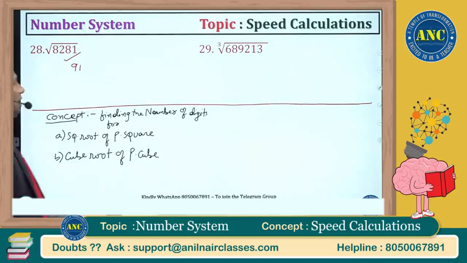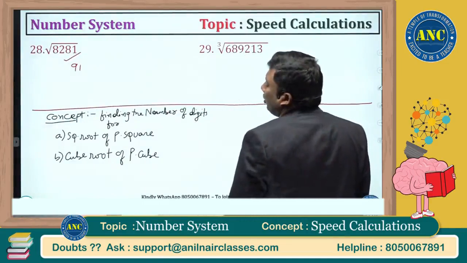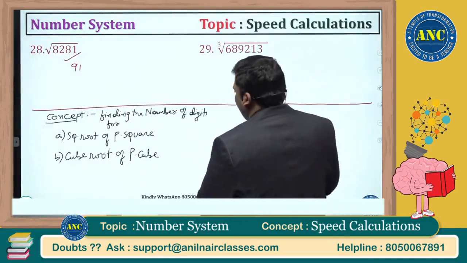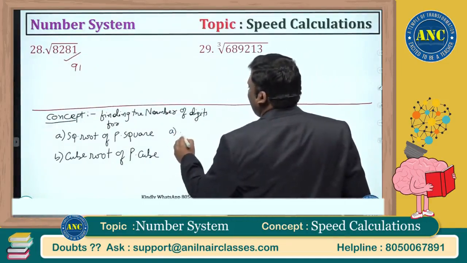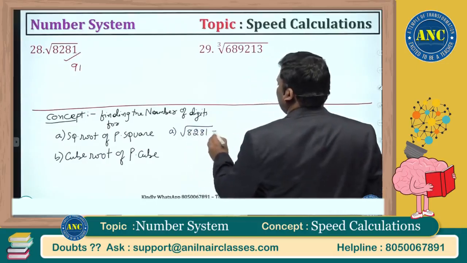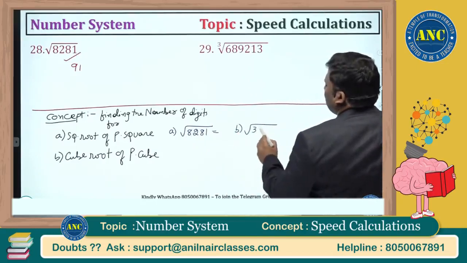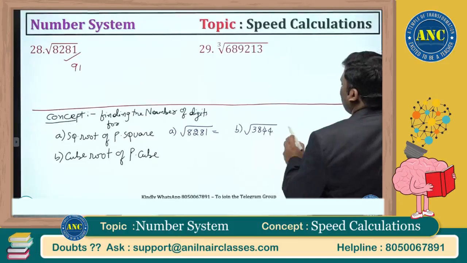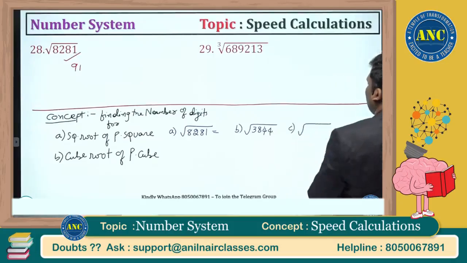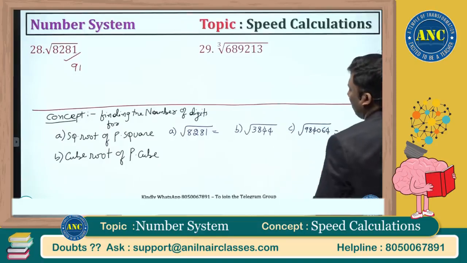How to find the number of digits for the square root of a perfect square, and the cube root of a perfect cube. Now see here. Square root of 8081, square root of 3844, square root of, for example, 984064.